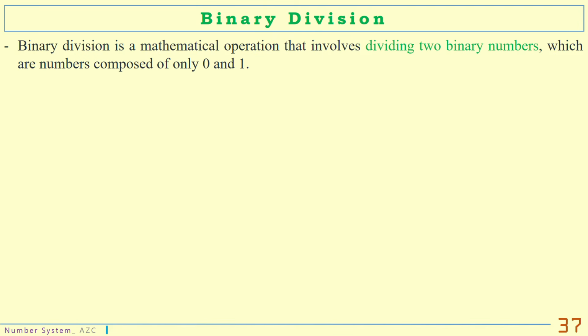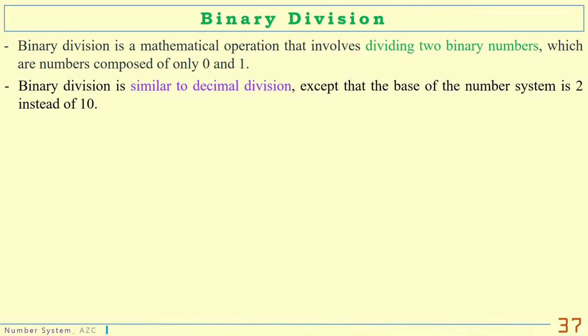Binary division. Binary division is a mathematical operation that involves dividing two binary numbers, which are numbers composed of only 0 and 1. Binary division is similar to decimal division, except that the base of the number system is 2 instead of 10.